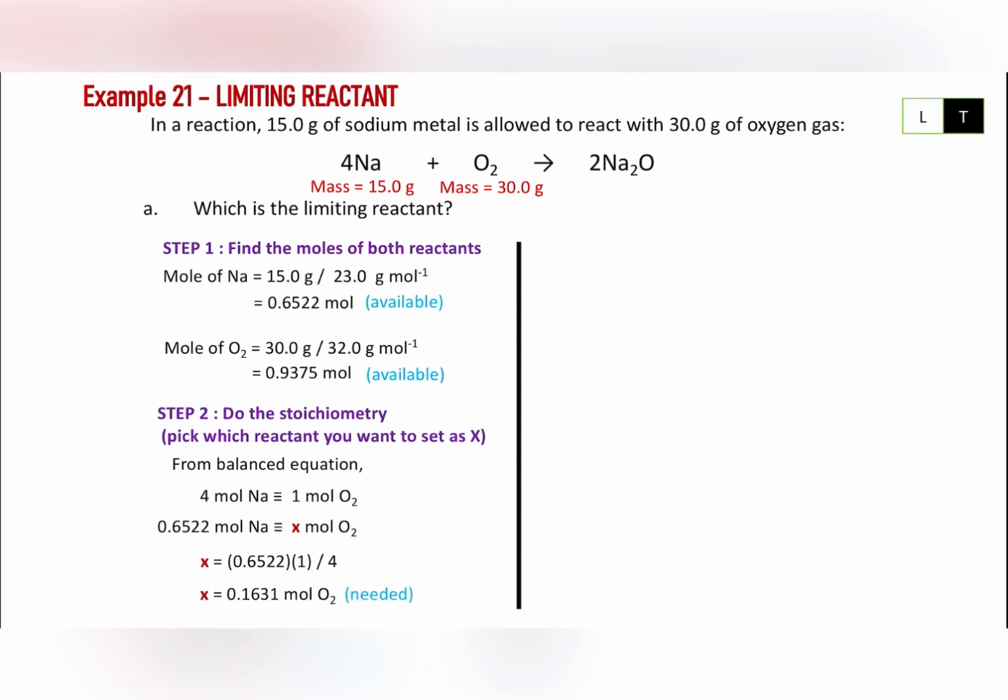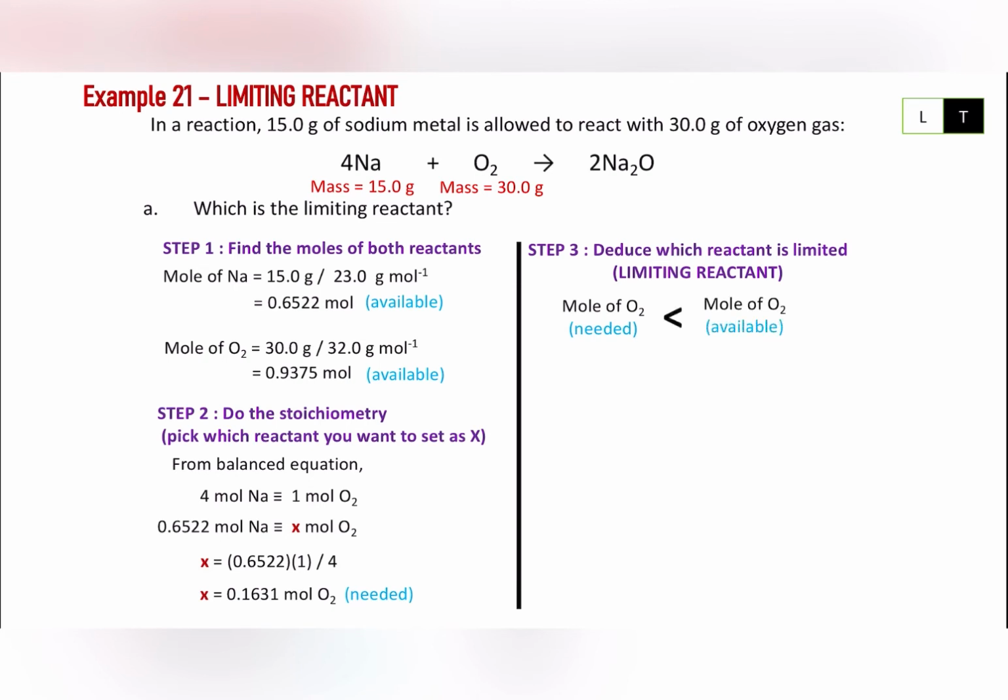Now let's continue with step number 3. You have to deduce which one is the limiting reactant. So I'm going to compare my mole needed and mole available for my X, which is O2. So you can say that mole of O2 needed is less than mole of O2 available.